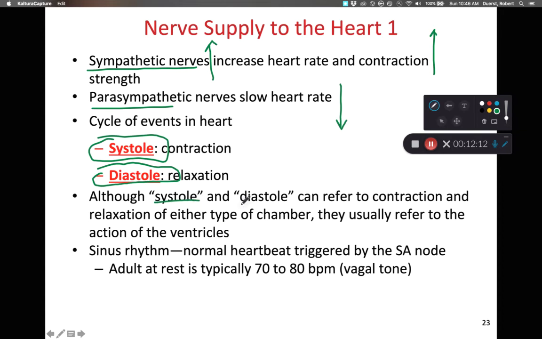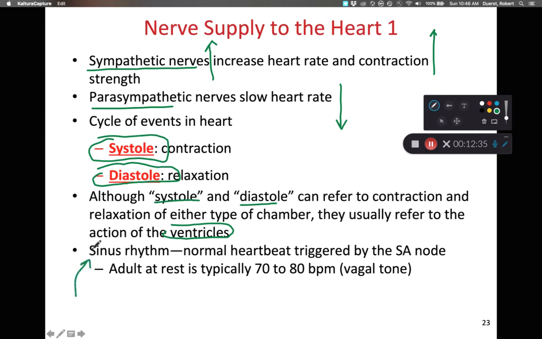And while systole and diastole can literally mean any chamber of the heart, pragmatically speaking, all we care about is the ventricles, because when that left ventricle contracts or relaxes, that determines our systolic or diastolic blood pressure.